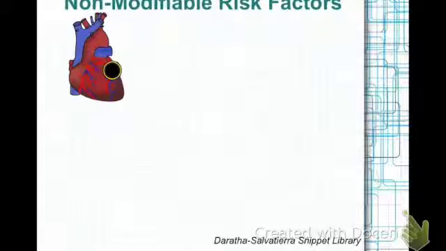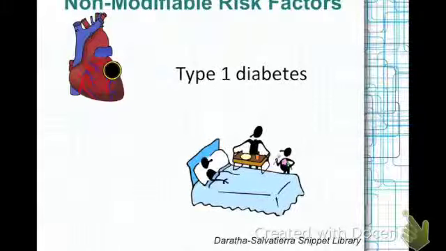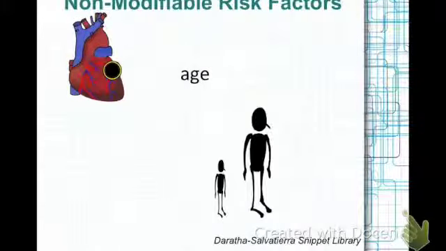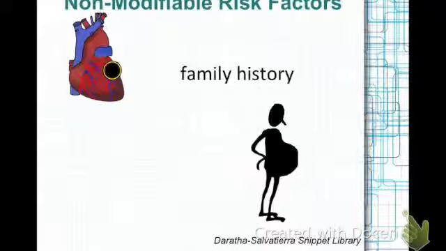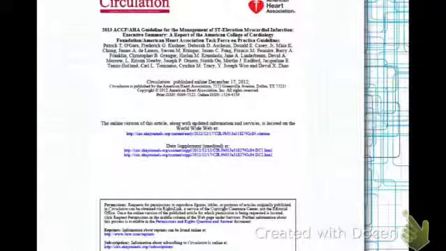Some risk factors for myocardial infarction are not modifiable, like type 1 diabetes, age, and a gift from your parents, your genetics based on family history. Aggressive secondary prevention via pharmaceutical interventions is pursued to lower patients' risk for recurrent cardiac events and subsequent mortality.